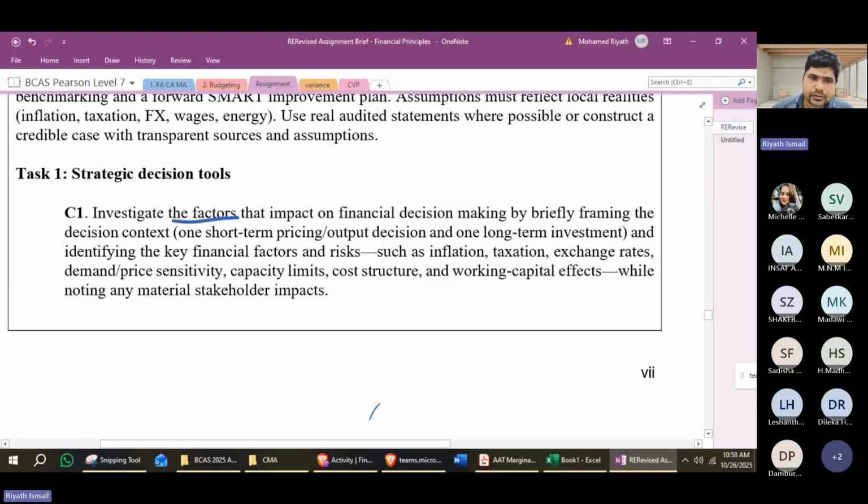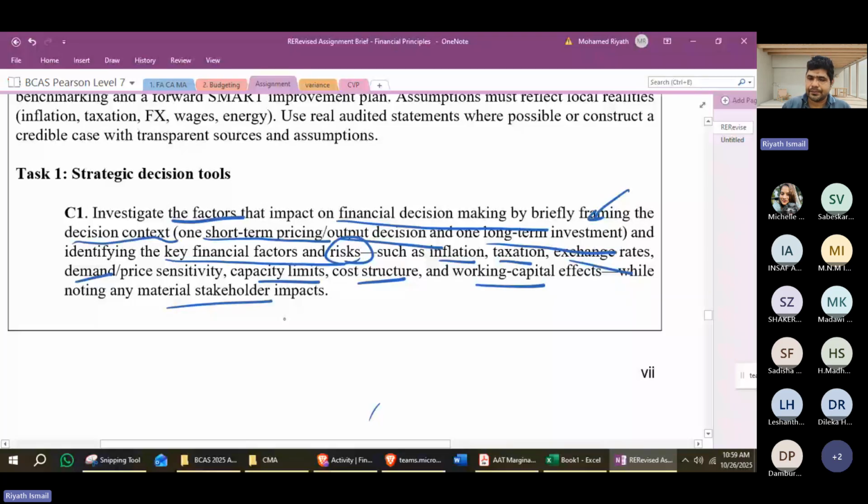Investigate the factors that impact financial decision making by framing the decision context: short-term pricing and output decisions, and long-run investment. We will discuss the long-run investment and identify key financial factors like risk, such as inflation, taxation, exchange rate, demand, price sensitivity, capacity limit, cost structure, working capital, while noting any material stakeholder impact.